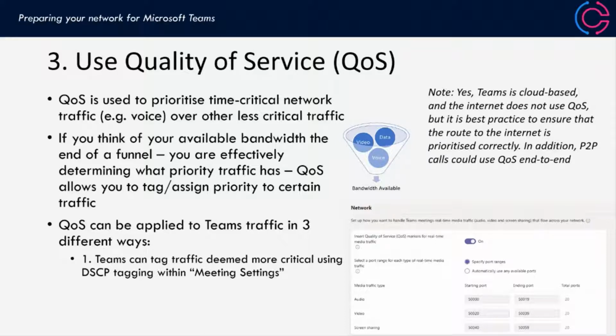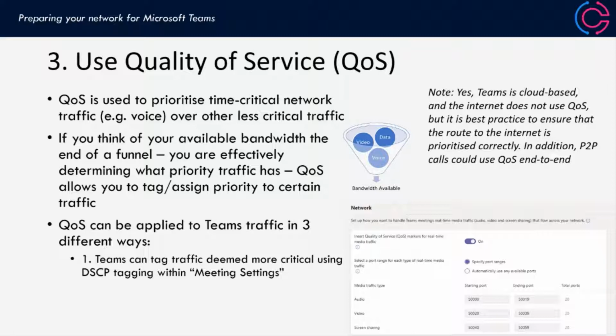quality of service. And the way it works is, if you imagine you have something like a funnel where the end of the funnel is the bandwidth that's available, you can't fit all that traffic down the spout at the end of the funnel, you need to prioritize the flow of that traffic through the funnel. So something like voice probably gets higher priority, then video would get higher priority than, say, standard web traffic.